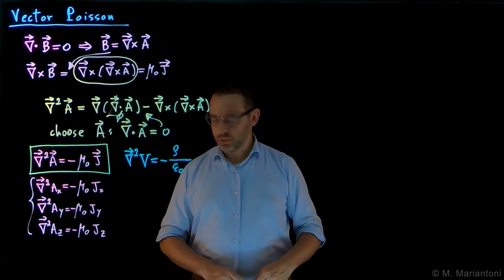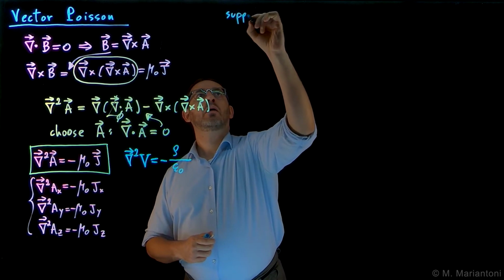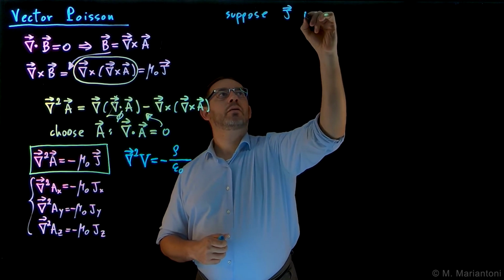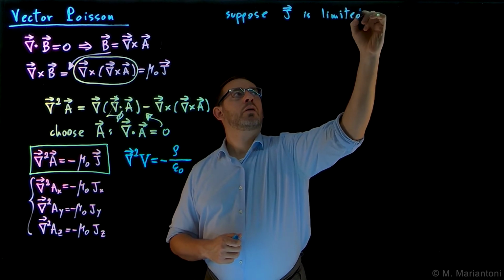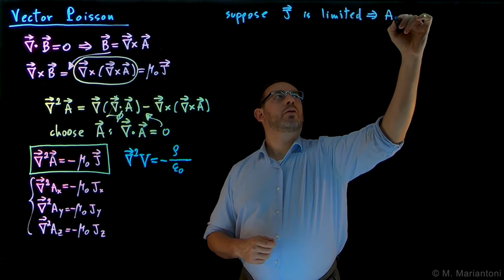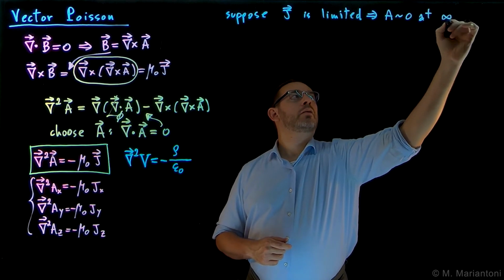All right. So let us suppose that the current density J is limited in space. And this means that A goes to 0 at infinity.